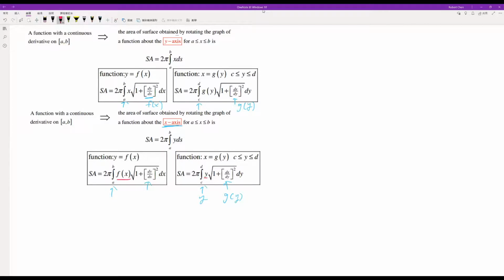Here we are using the actual function f of x, but here we're just using the variable y. Same thing here: for this one, we're using the function g of y, whereas here we're just using one independent variable x by itself. So depending on the situation, we can use different formulas.